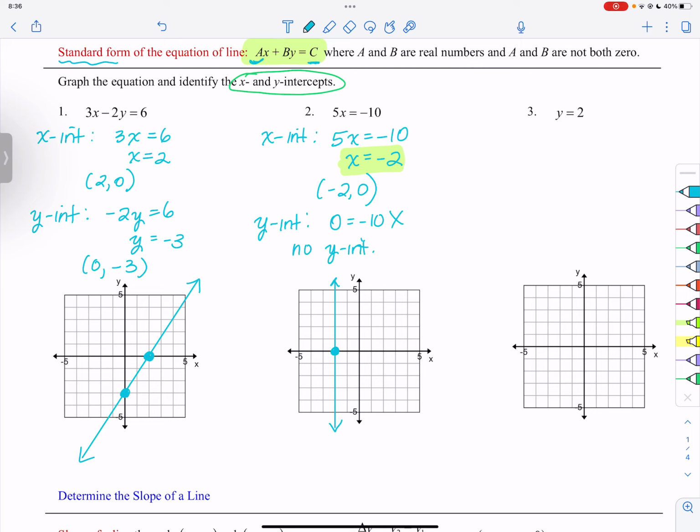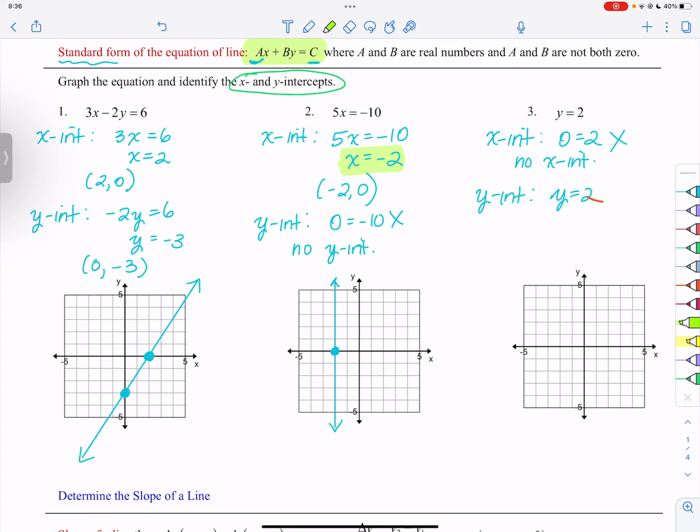Now looking at number 3, we have the x-intercept. We let y be 0. That is not a true statement, so there is no x-intercept. And then for the y-intercept, we have y equal to 2.